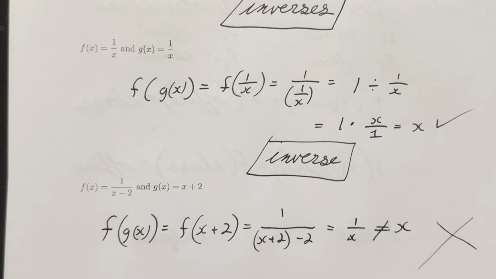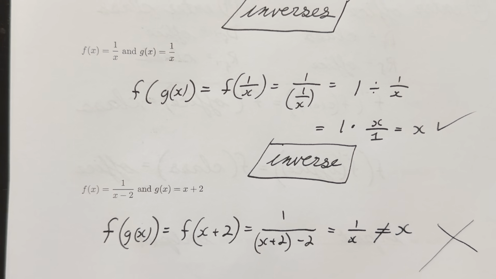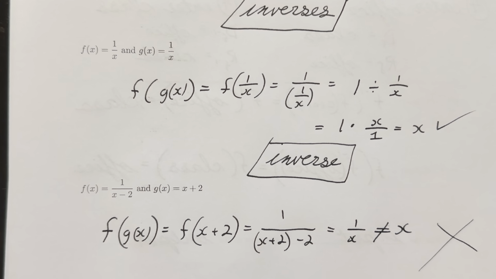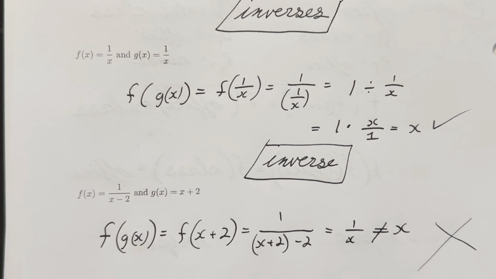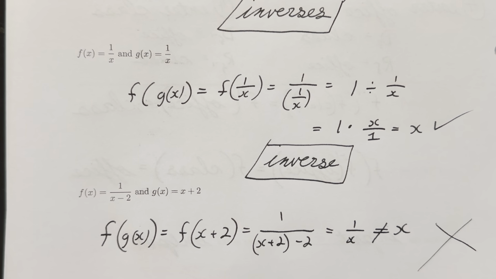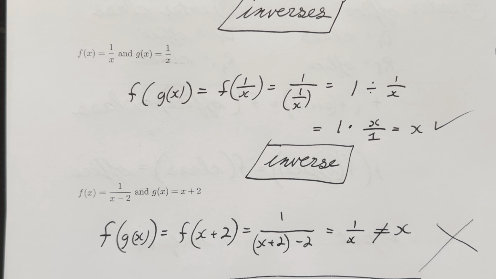So we say our conclusion is that they are not inverses. Because once I've shown that one of them doesn't work, then neither of them work, right? They're just not inverse functions of each other.